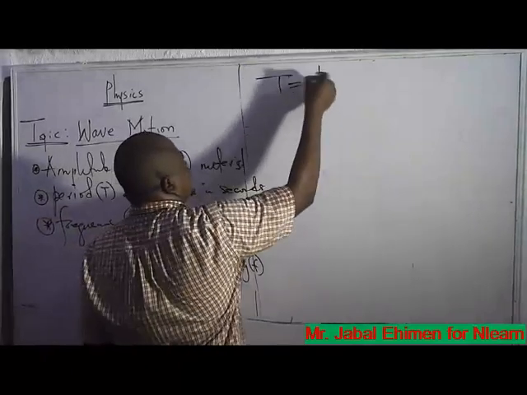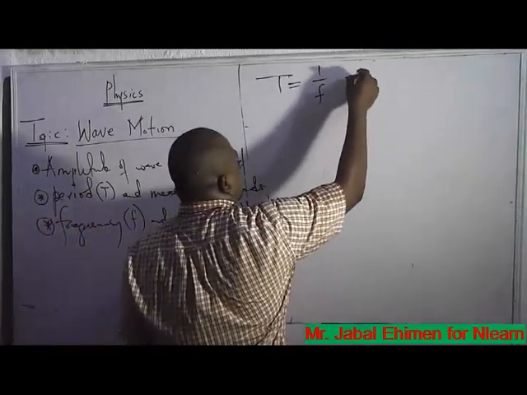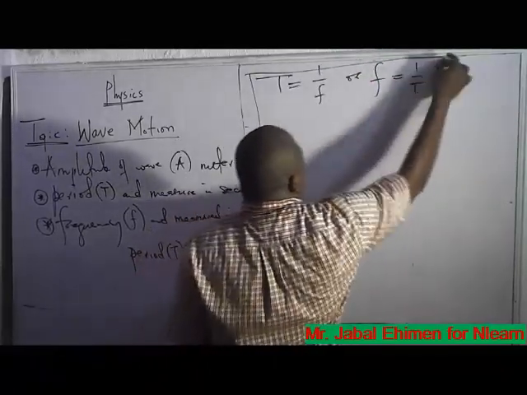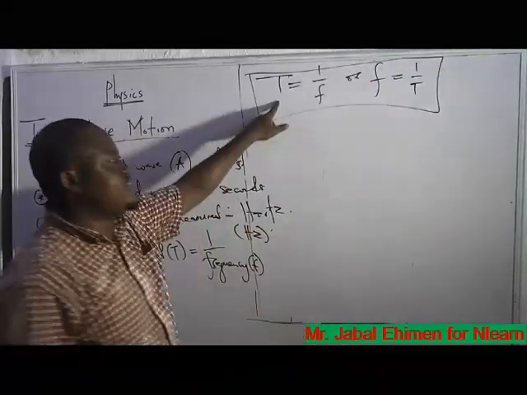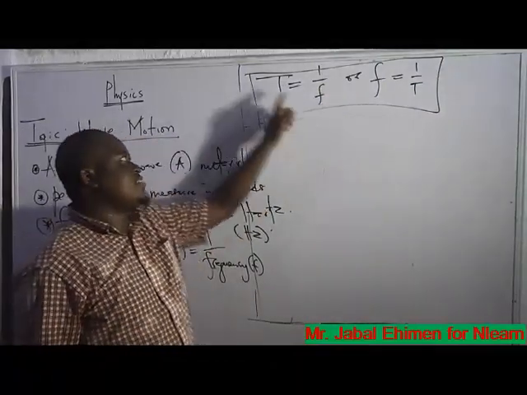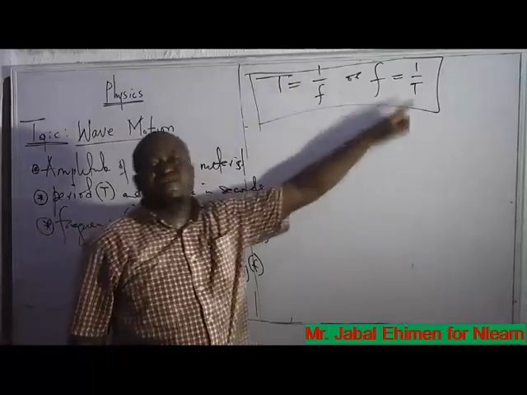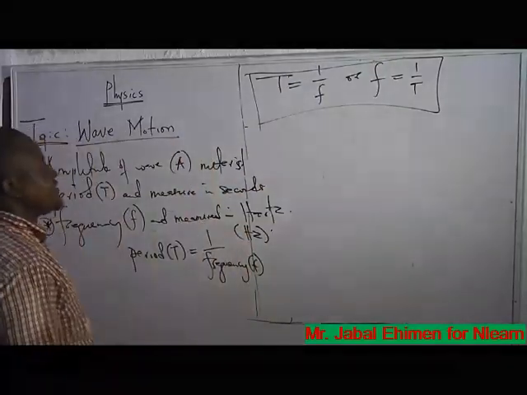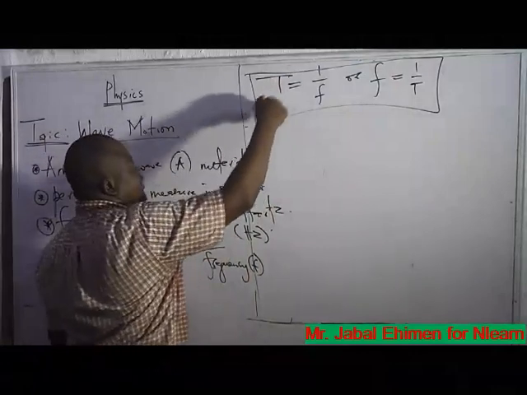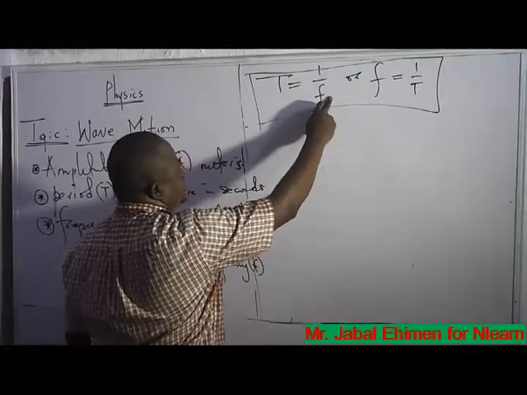T is 1 over F, or F is 1 over T. So please take note of this. This is measured in seconds and this is measured in hertz. So the time to complete 1 revolution is T, and the number of revolutions completed in 1 second is frequency.